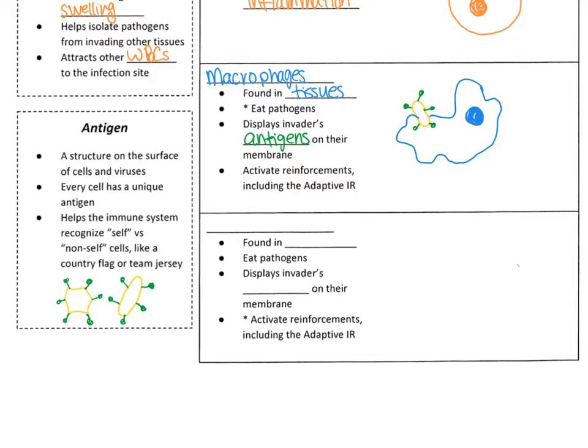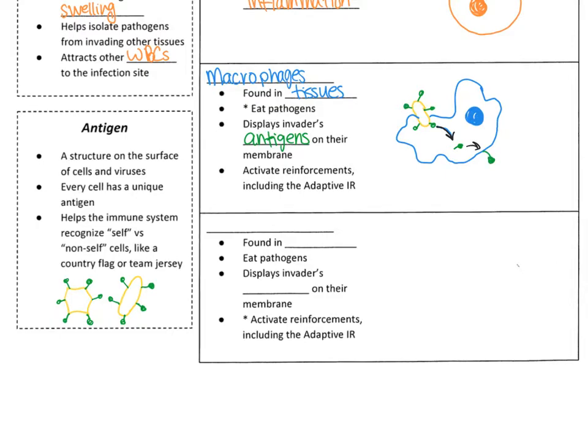The job of the macrophage is to search for and eat invading cells or viruses that do not belong. And once they do this, they will actually take the antigens from the surface. I'm going to change color there. Okay, so they take the antigen, shown by this green structure, and then they will wear that antigen on the surface of their cell.